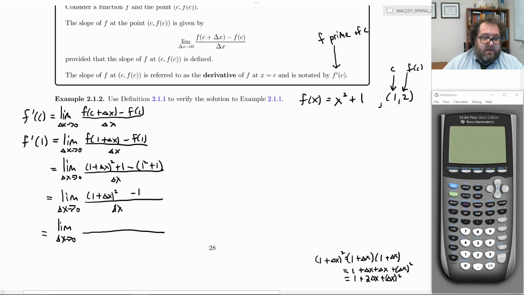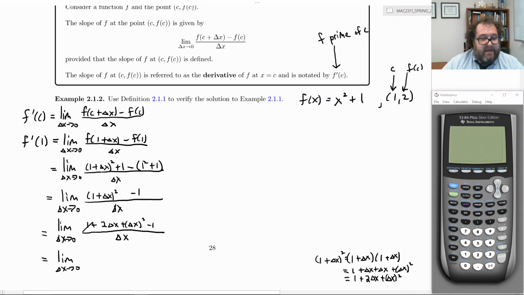Now come back over and substitute. So we have 1 plus 2 delta x plus delta x quantity squared minus 1 over delta x equals the limit as delta x goes to 0.